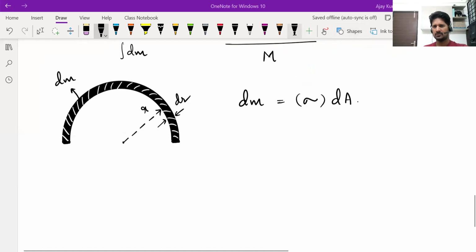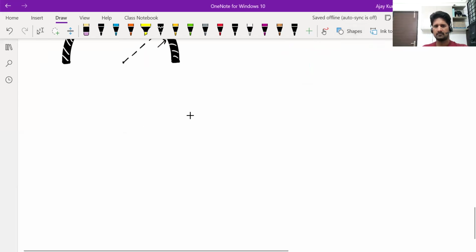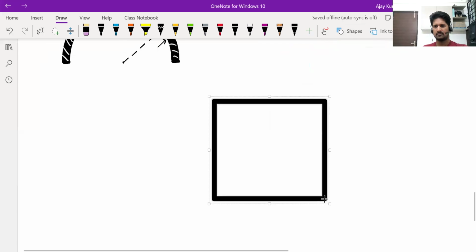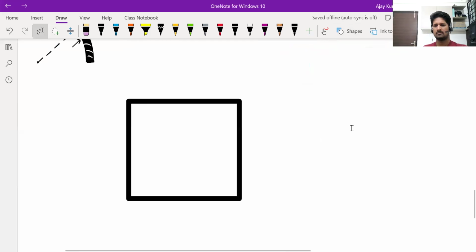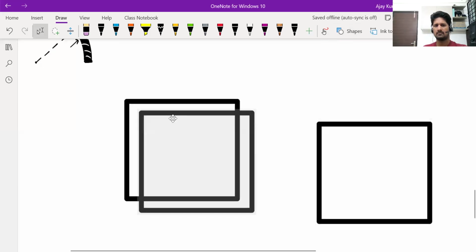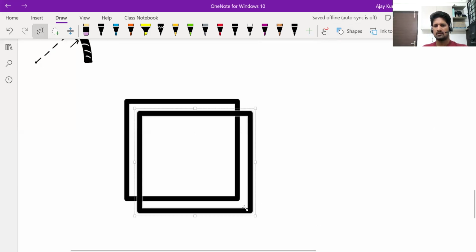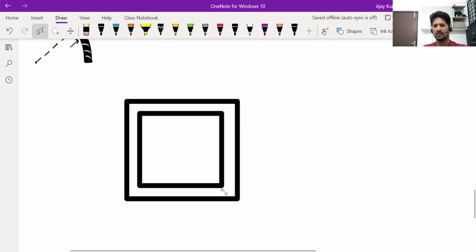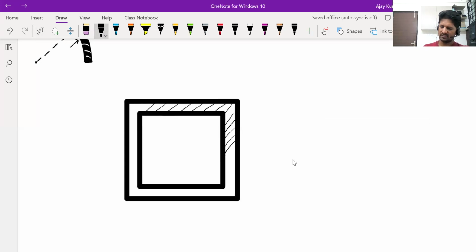Okay, suppose I draw something like this. And I ask you how to find out this area. What is the idea?